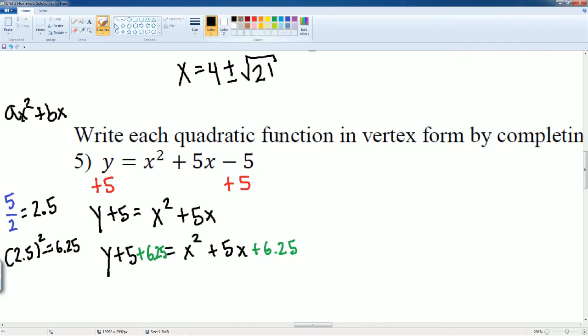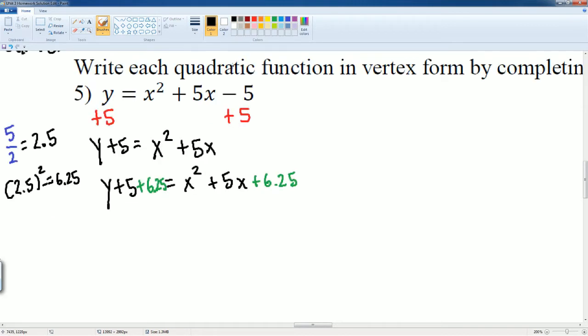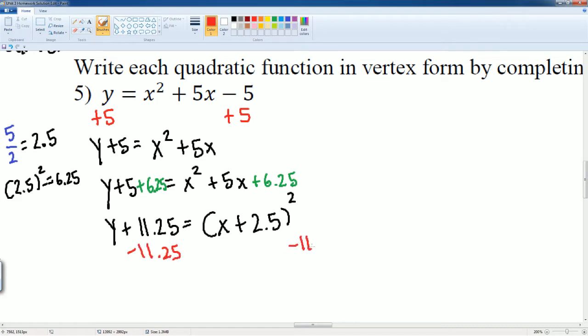In this process, we get y plus 5 plus 6.25, which is 11.25, equal to this part. This part can be factored into just x plus 2.5 squared. Now we can subtract 11.25 from both sides.